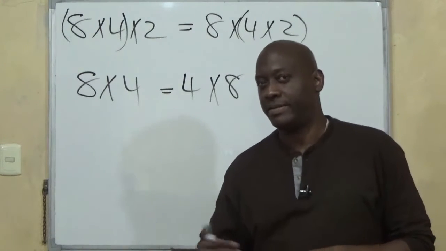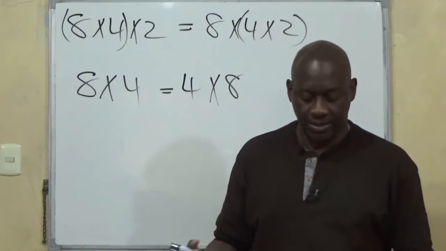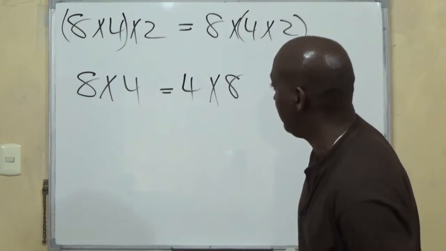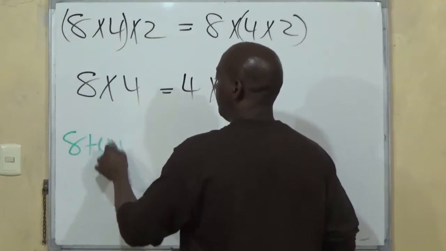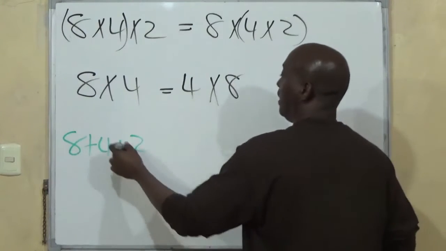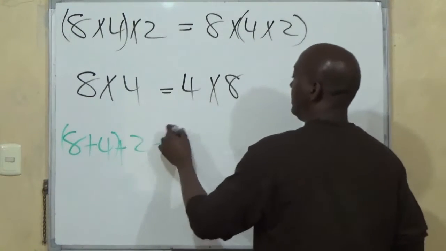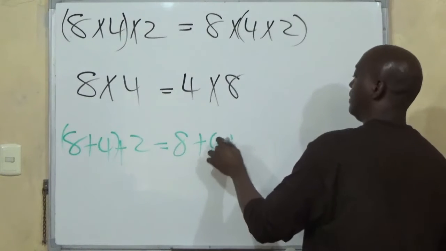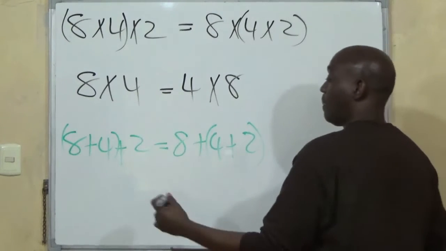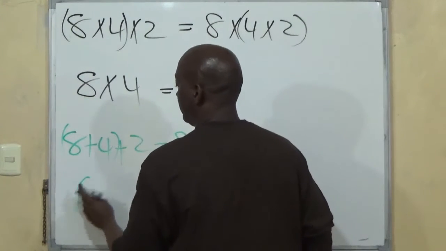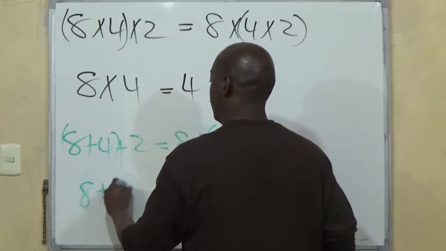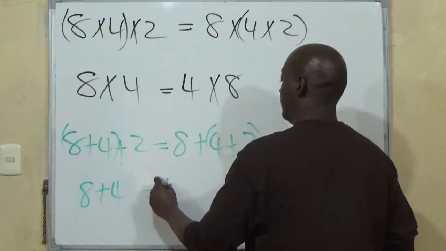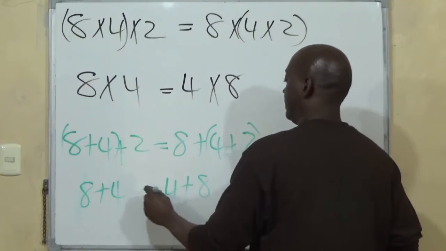It also applies for addition. So if, for example, I were to say, using the same figures, 8 plus 4 plus 2, we put a bracket here, and that will be equal to 8 plus 4 plus 2. In the same way, we could say 8 plus 4 is equal to 4 plus 8.